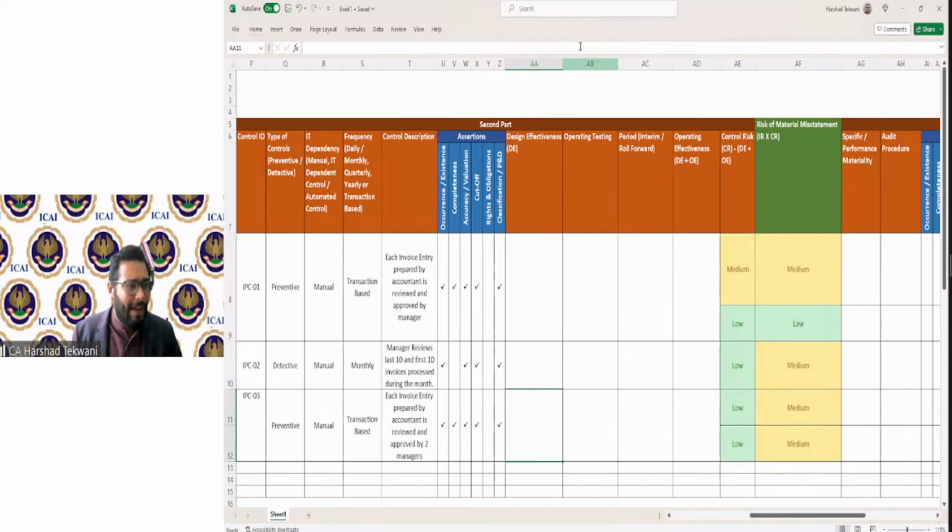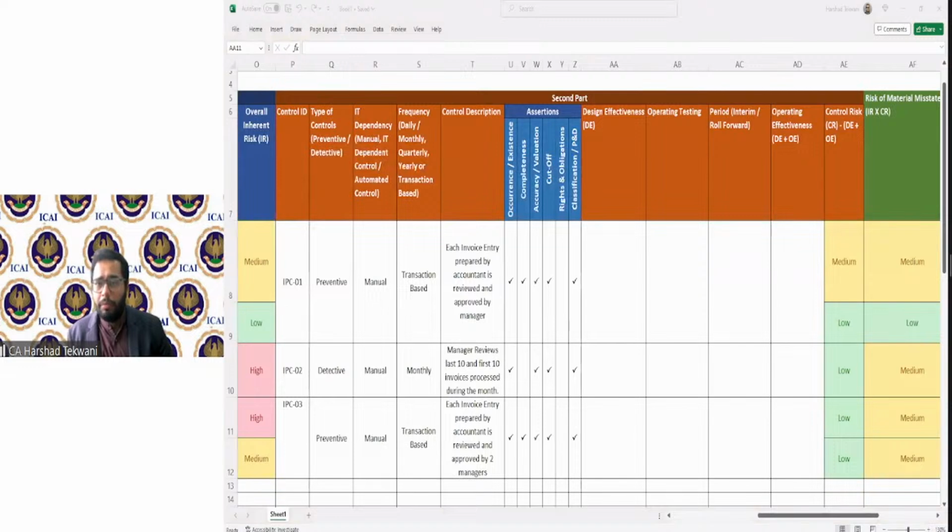How will you identify whether the design is effective or appropriate, and why do I need to do that?